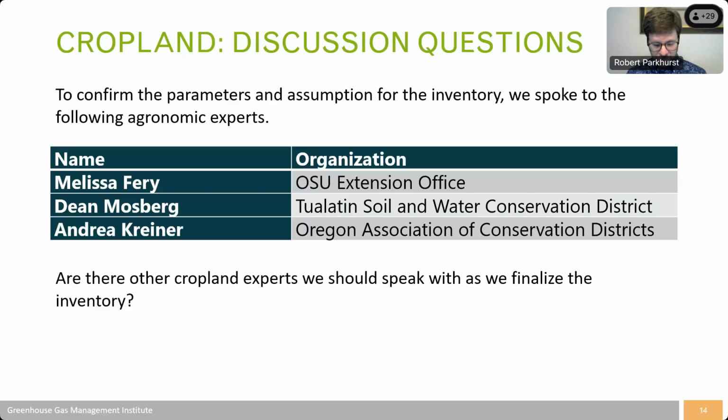This is so great that Dean and Andrea were able to be resource people for you, and Melissa is a great resource as well. But OSU Extension has statewide specialists in different cropping systems. They have an orchard specialist, a rangeland specialist, a pastureland specialist, and I would recommend that, if there are particular cropping systems you're interested in, you connect with their statewide specialists in those areas.